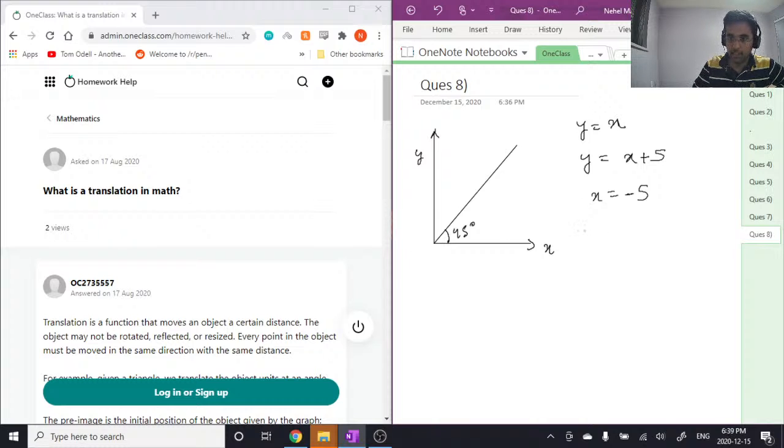That's correct. And similarly, for what value of y would x be equal to 0? y would have to be equal to 5. So in this case, we actually move this function to the left hand side.